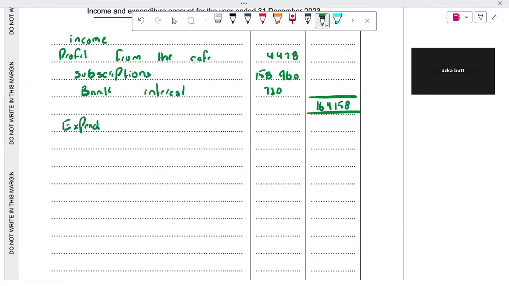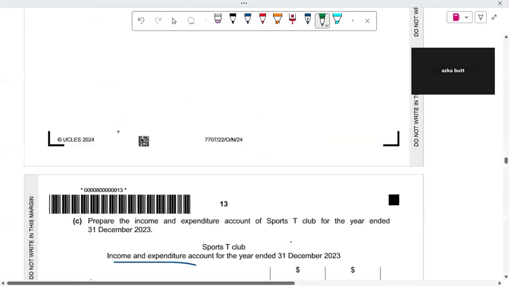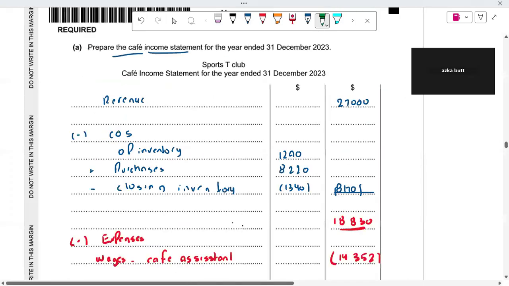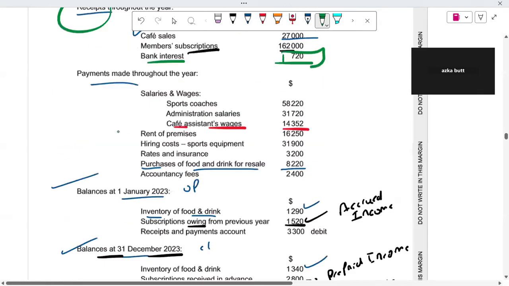Since we are not manufacturing anything, there is no cost of goods sold. It's just a simple service business. Okay, so now let's see the expenses. We can easily find out the expenses from the payment side.